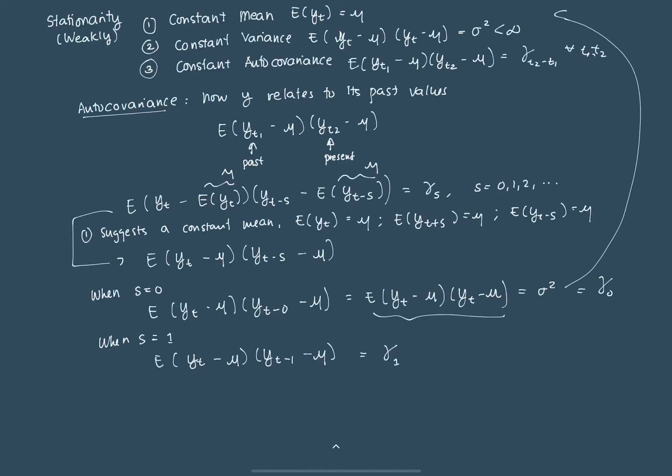So this is a present value, and this is some past value. All that the assumption of constant autocovariance is trying to push is that, whether you compute the autocovariance at lag 1, lag 2, lag 3, lag 4, whatever lag, there is some sort of constant pattern that you see in the autocovariances that you end up computing.